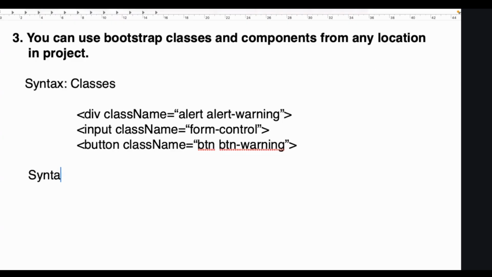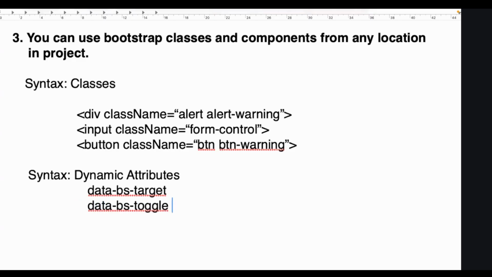So we have a syntax for some dynamic attributes. They are used for closing, opening, like options. You have some attributes like data-bs-target, data-bs-toggle, data-bs-dismiss.